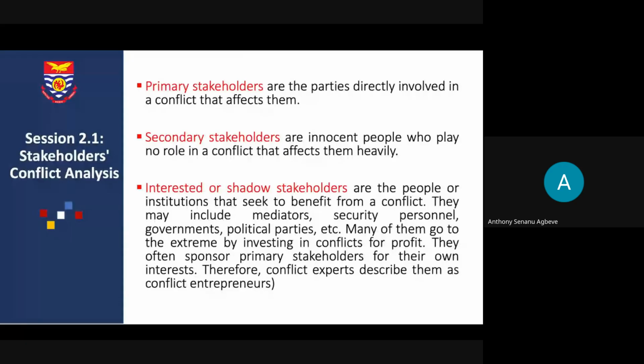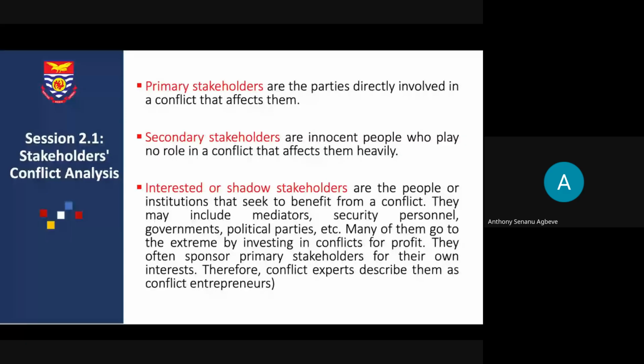For example, if we're using the Alavanyo Nkonya conflict, the people of Alavanyo and Nkonya are the primary stakeholders because the conflict affects them directly, right? So the effects, the killings, the destruction of property, it affects those people. So they become the primary stakeholders.